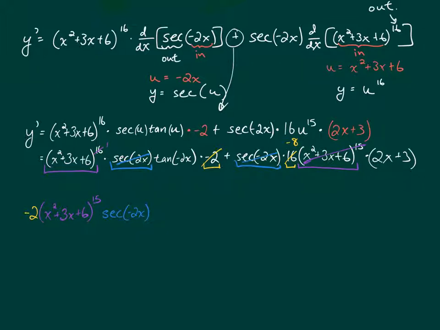On the inside, we've got x squared plus 3x plus 6 times the tangent of negative 2x minus, and that's because of adding a negative here, so minus 8 times (2x plus 3).